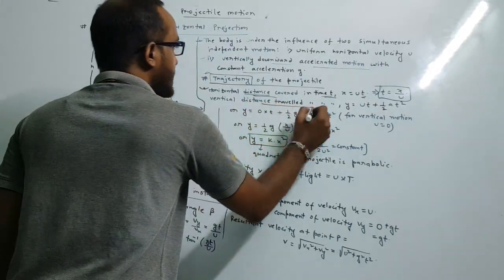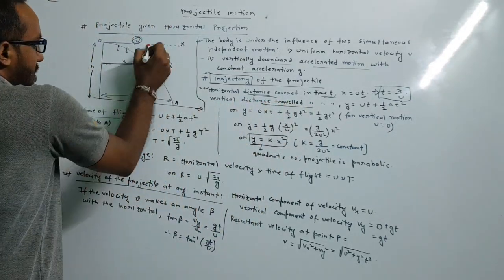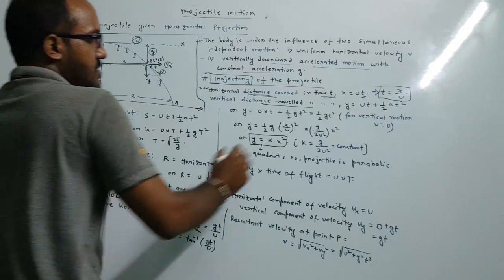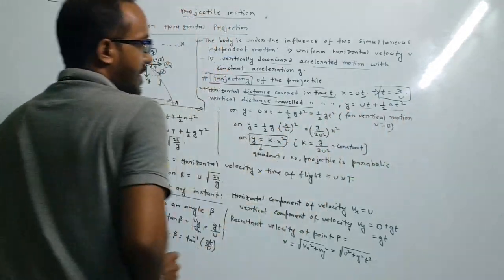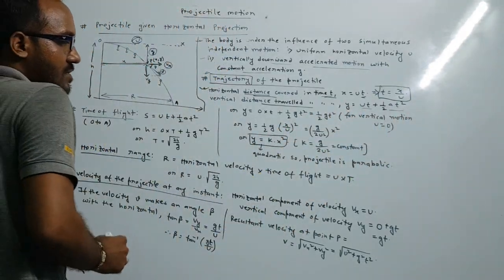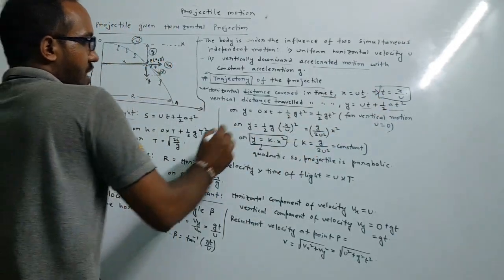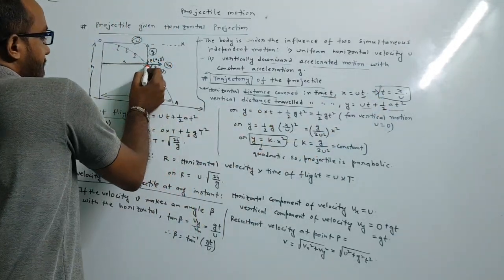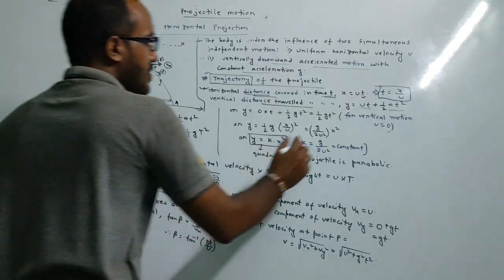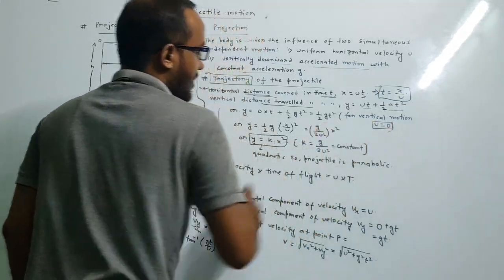Now what is the vertical distance traveled by this particle? y, right? So y equals ut plus half at square. Apply the equation of motion here individually, okay? Now see, when we are calculating the vertical motion, we will not consider the initial velocity.